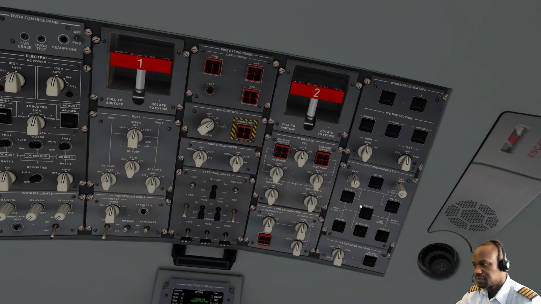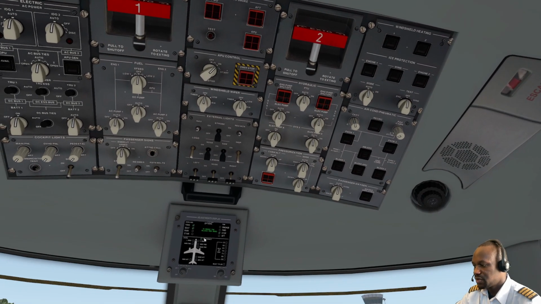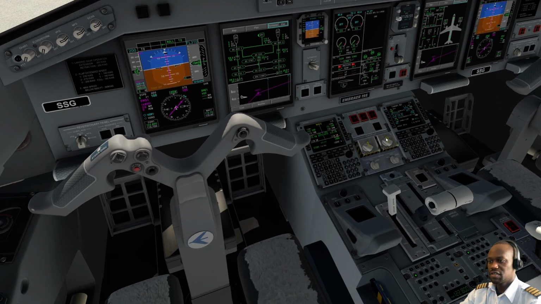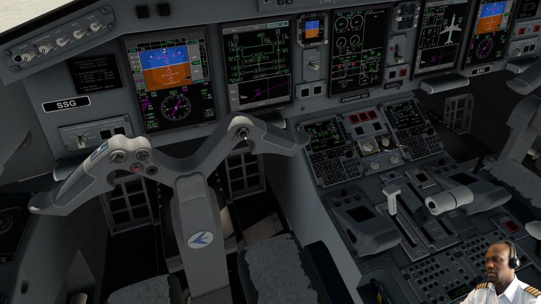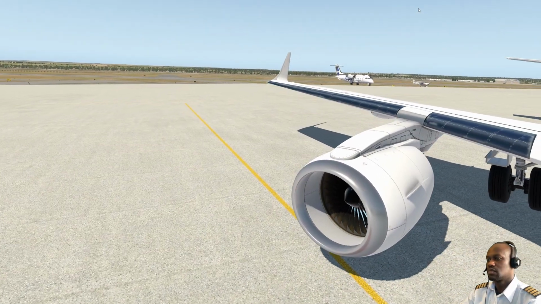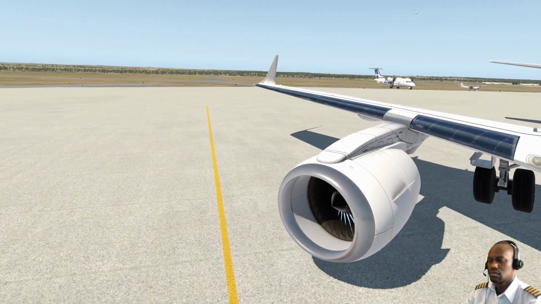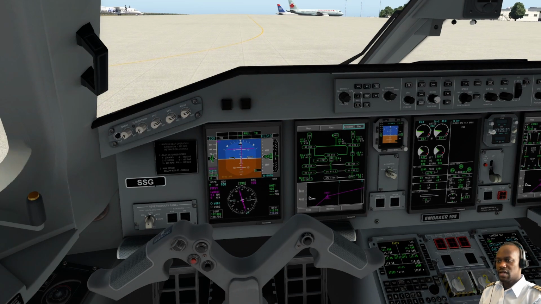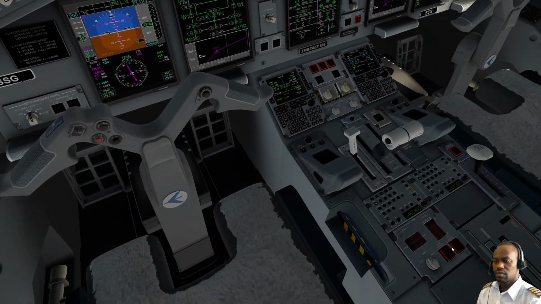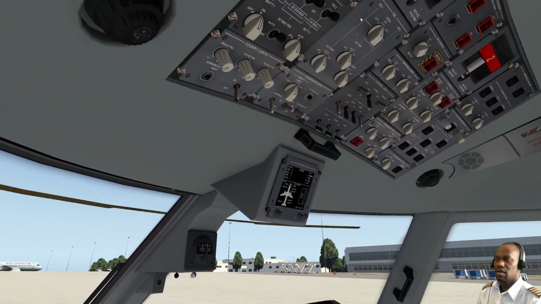APU is running. Let's connect the GPU. Start engine number 2. Start the timer. Two normal engine starts. Flap 1. And APU off.